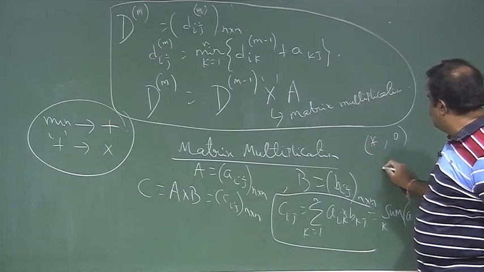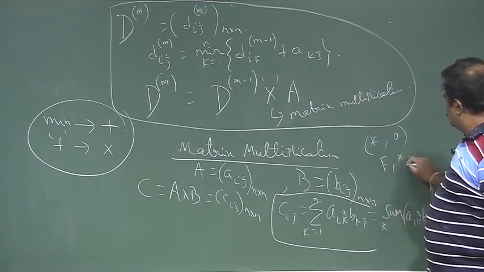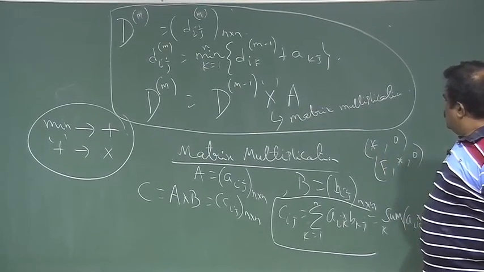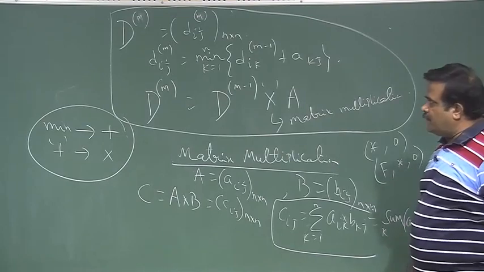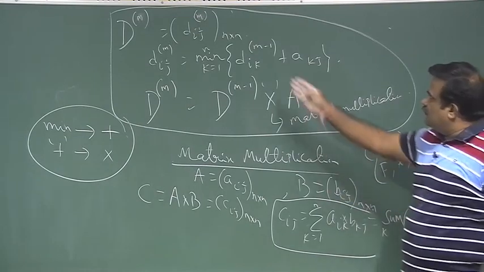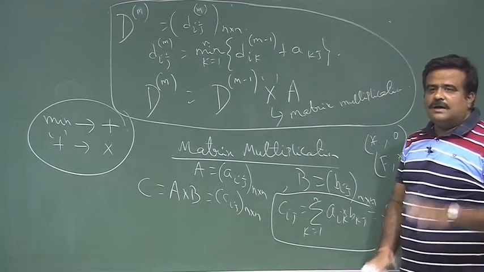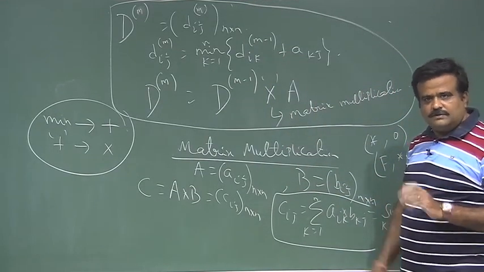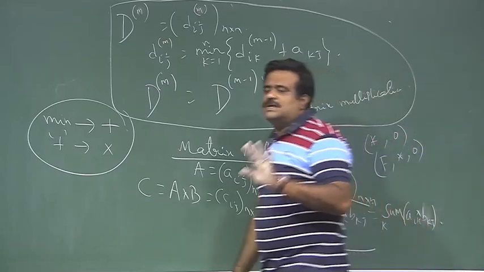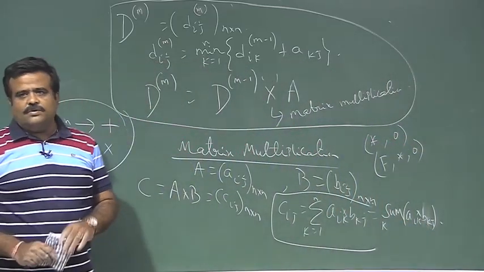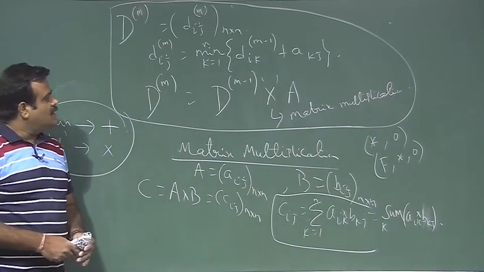Suppose we have a field with these two symbols, provided they satisfy the field properties. So, provided this minimum and plus satisfy those field properties, and let us assume they do, one can prove this.